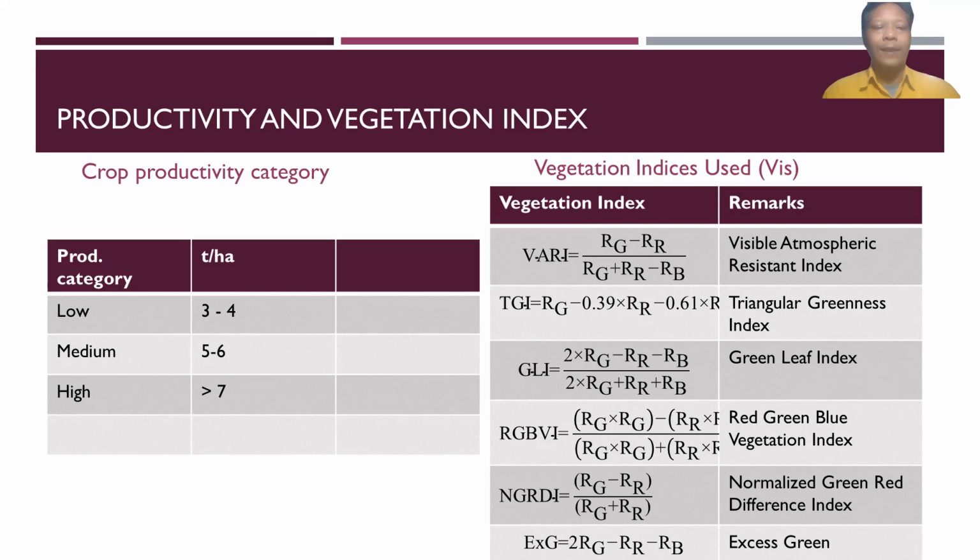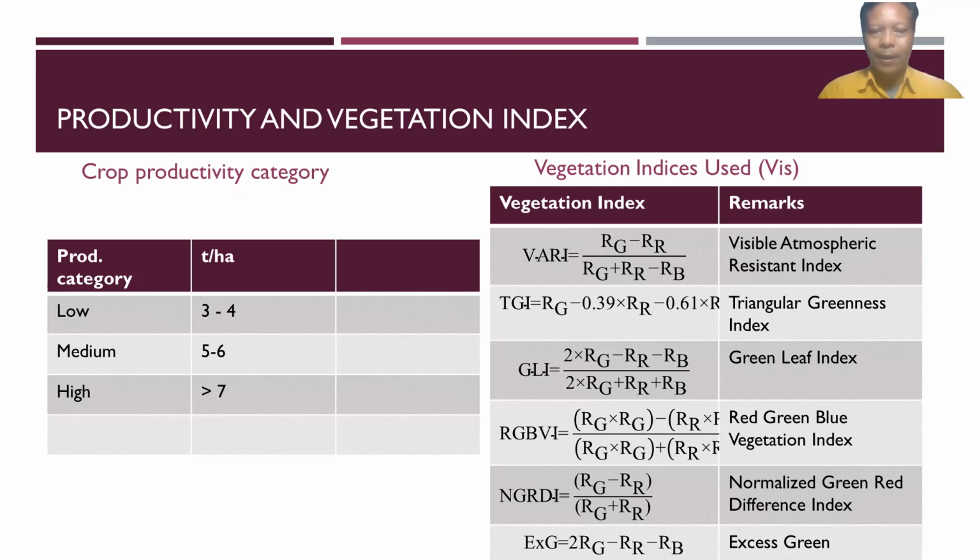Namely, low productivity is the plots whose yield is between 3 to 4 tons per hectare, medium productivity is from 5 to 6, and high productivity is the plots that have more than 7 tons per hectare.